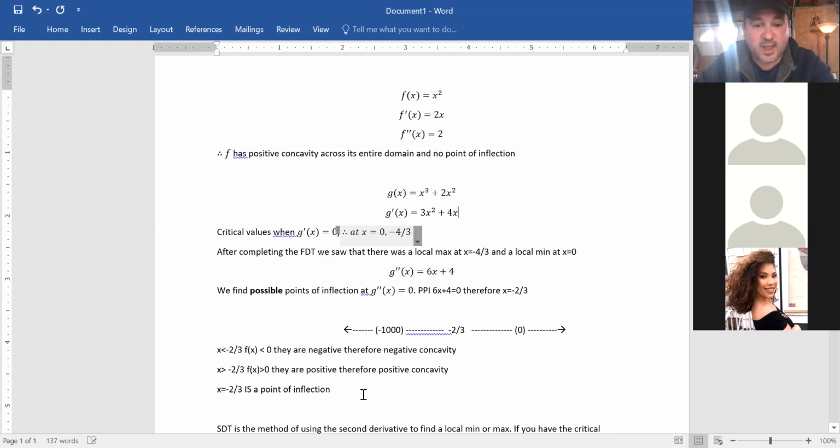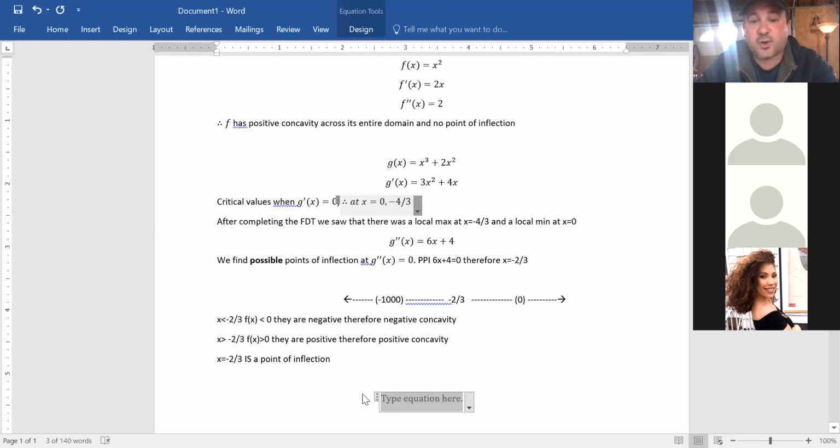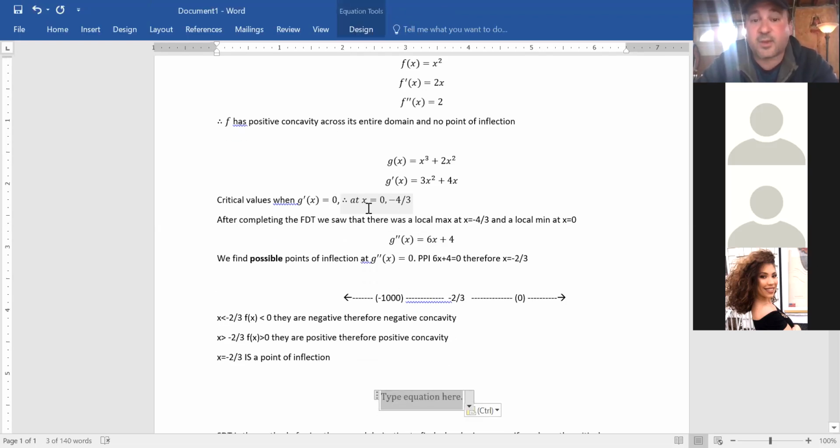So I'll do that down here below all the other stuff we already did. We have two critical values, at 0 and -4/3. I'm going to plug those two critical values into the second derivative. 0 is a critical value. 6 times 0 plus 4 is equal to 4.